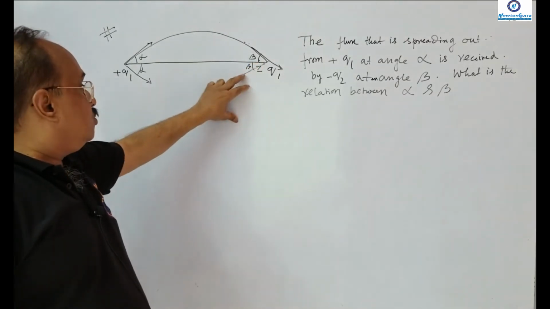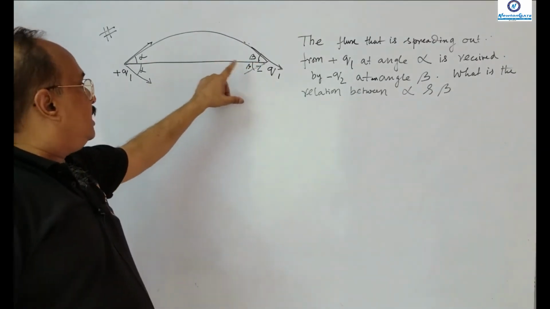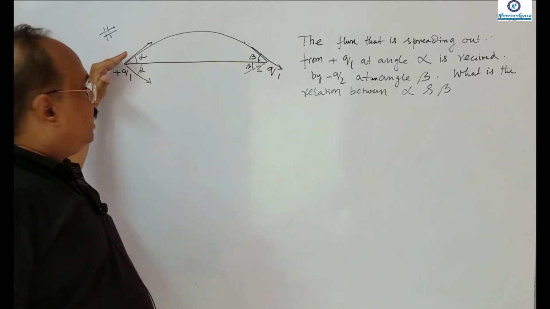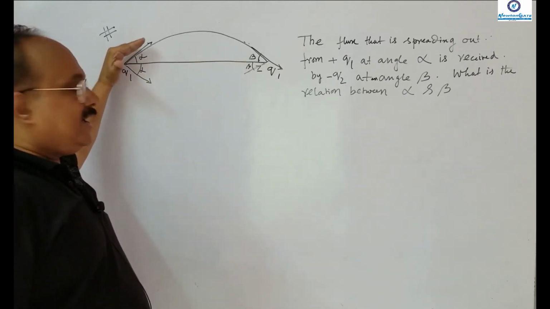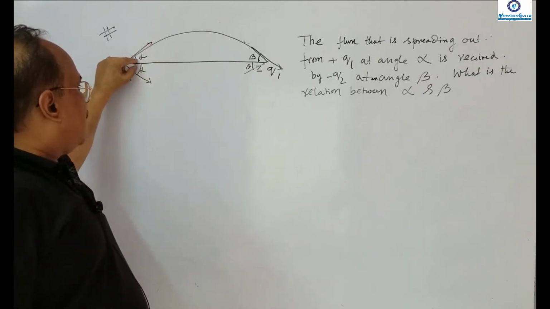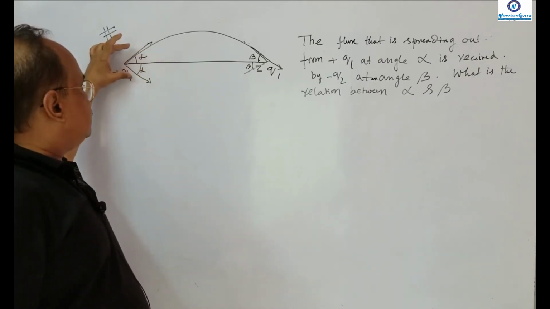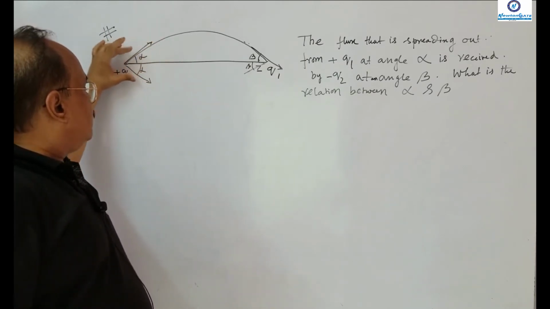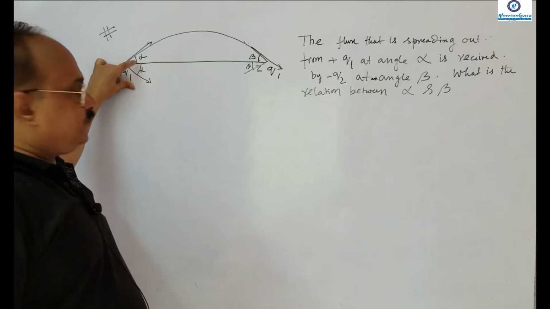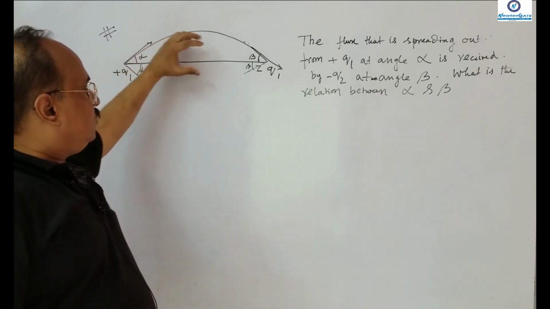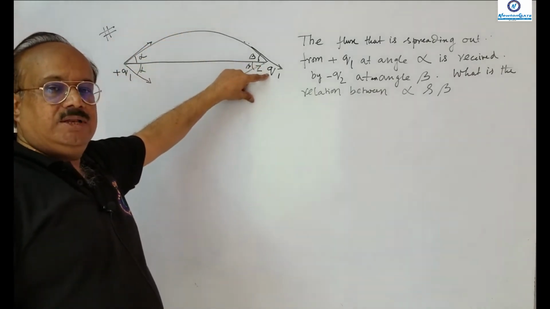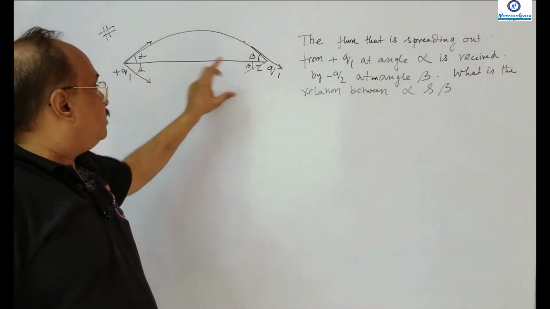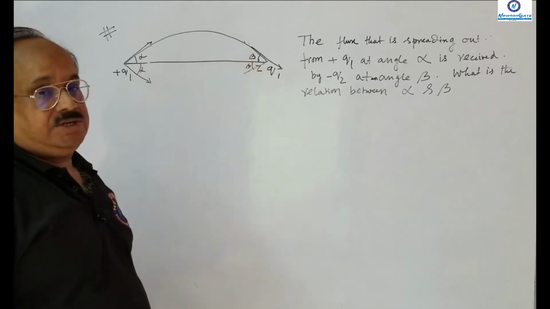Now they ask you what is the relation between this alpha and beta. Here the flux spreading out at a half angle alpha of this conical shape will be received by this minus q1 in the same way at an angle beta.